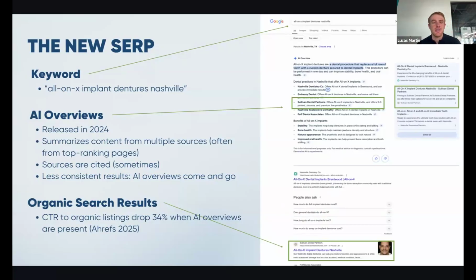As you can see from that data point, the click-through rate on organic listings drops pretty heavily when AI overviews are present. So definitely something to be aware of, in a trend we are seeing as more and more of these AI overviews show up in Google search.